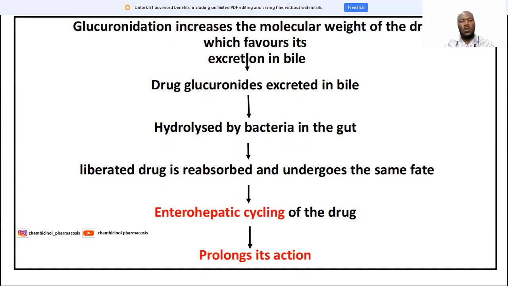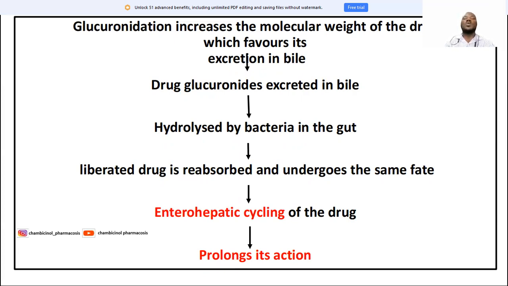So the glucuronide will be separated from the drug. Then the drug which is liberated will be reabsorbed again via the portal vein and reach the liver. So it will be circulating on the same pathway from the intestine to the liver, and from the liver into the intestine. This pathway is called the enterohepatic recycling system of the drug.